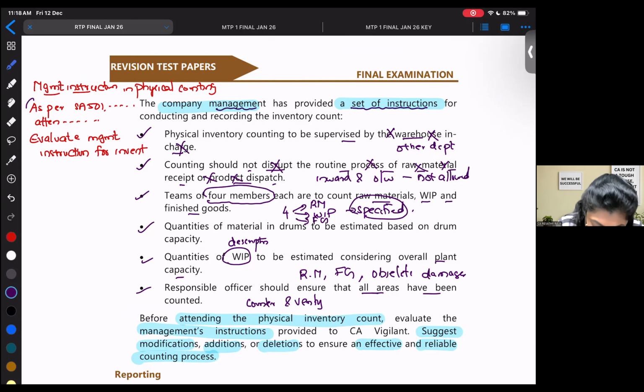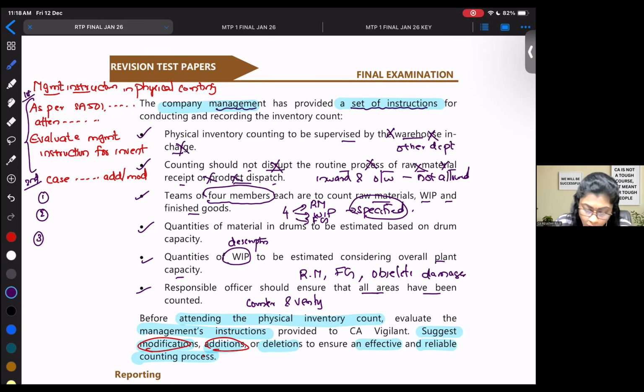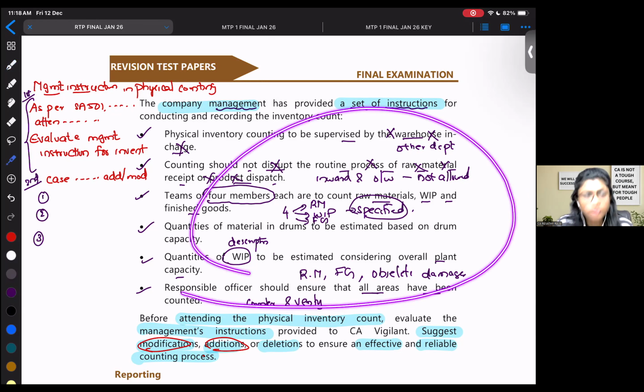This will be the first para. Now you can write in the second para: in the given case, following are the additions or modifications in the procedures of instructions. Now you can write 1, 2, 3. All these things, whatever you said here, you can write there.